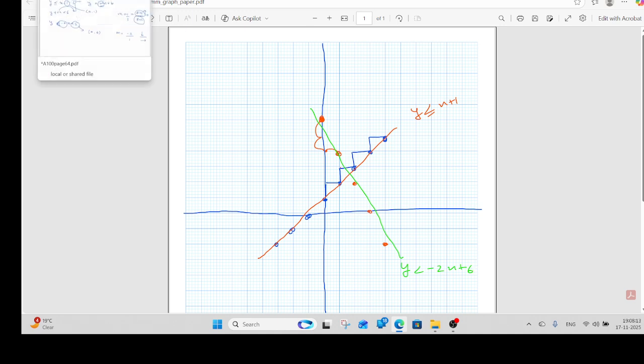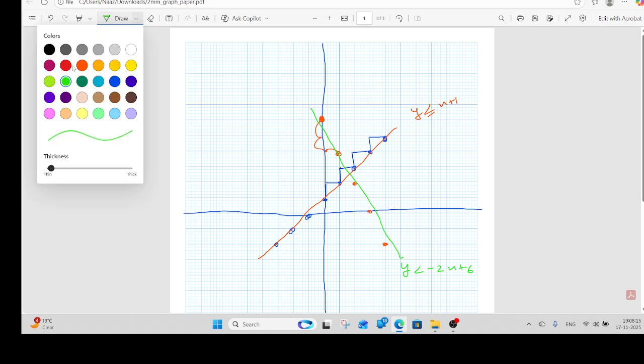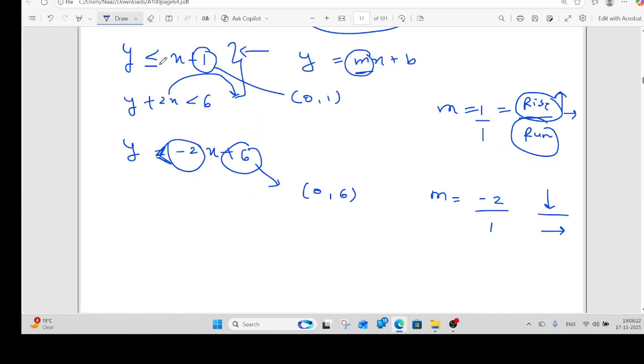Now if you see, here I have, for the first one, y is less than or equal to x plus 1.